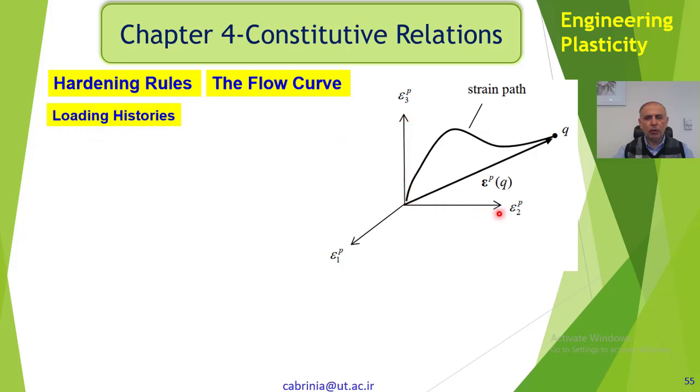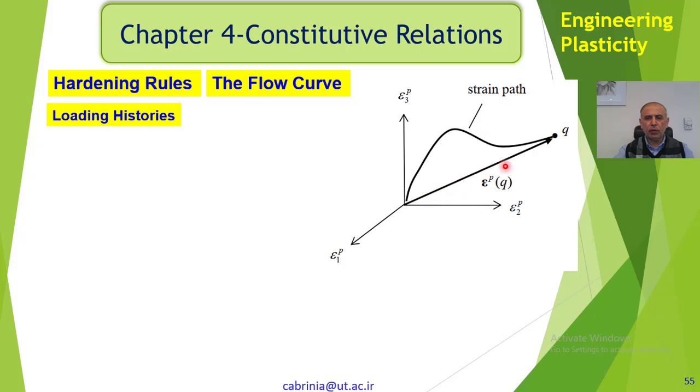What do we mean by loading history? If we have the three-dimensional strain space like the stress space, the plastic strain space, epsilon 1p, epsilon 2p, epsilon 3p, then this is the path for plastic strain, going from 0 to point Q. Now we could reach point Q by different strain paths.